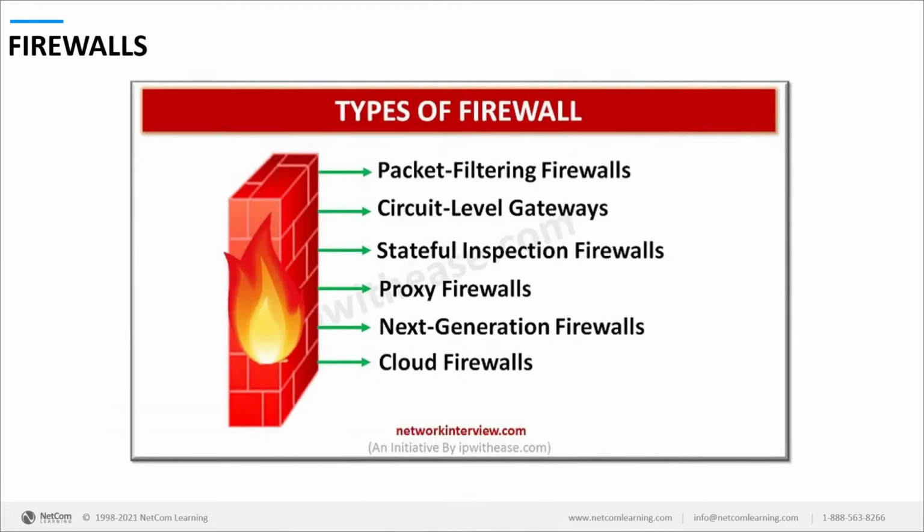Firewalls, right? In the beginning, what we had were packet filtering firewalls. They simply looked at the content and would be able to block it. Look at some bit of code, some bit of information. It might be a port number, it might be an IP address.